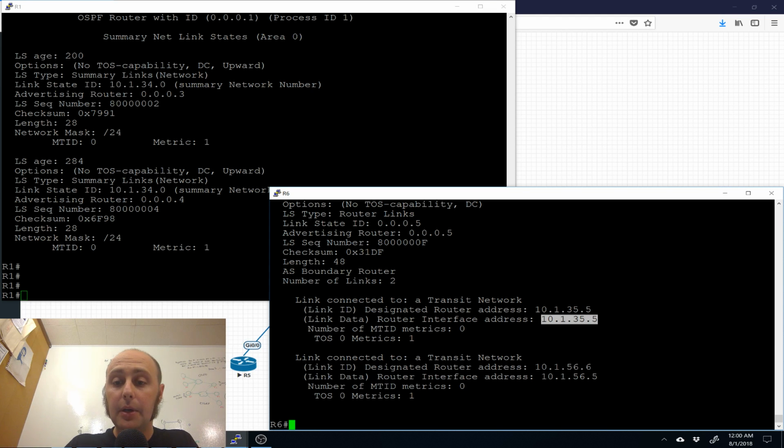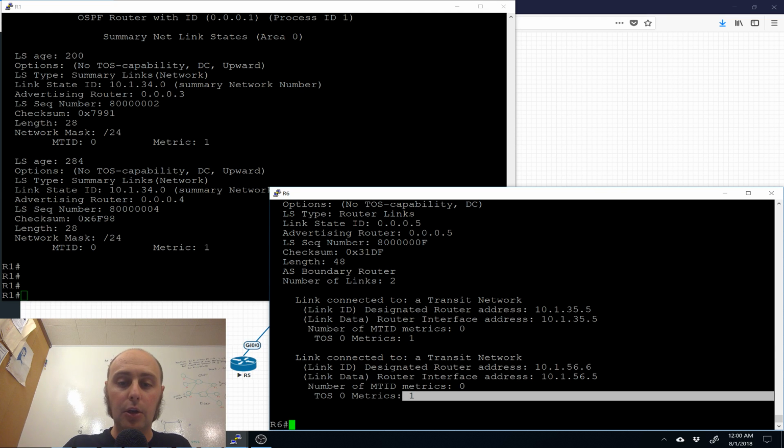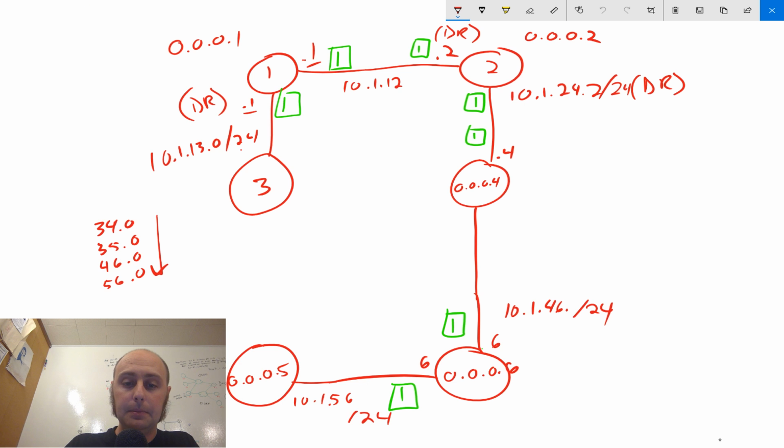Here's our interface IP addresses, and here's the DRs on those links. So for the 5.6 segment, where 6 was the DR, our IP address is .5, and our other IP address, our northbound IP address, is going to be .5 as well on the 35. And don't forget the cost, which is the metric value of 1.